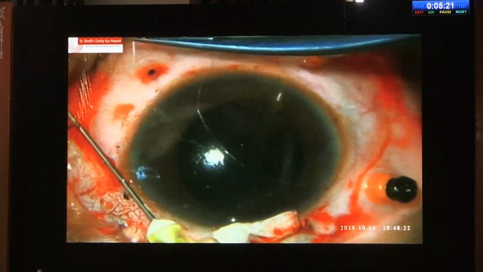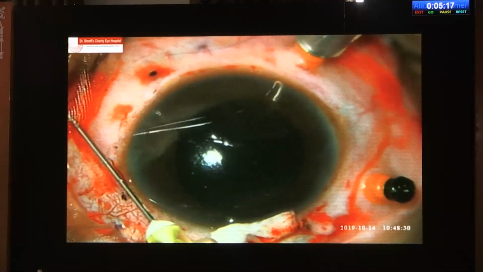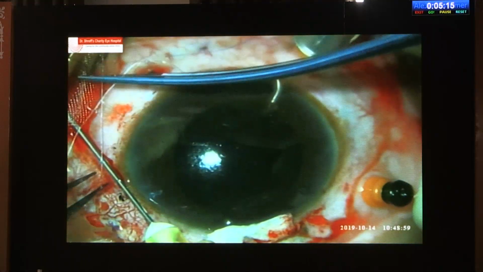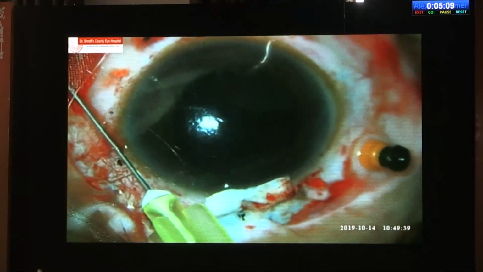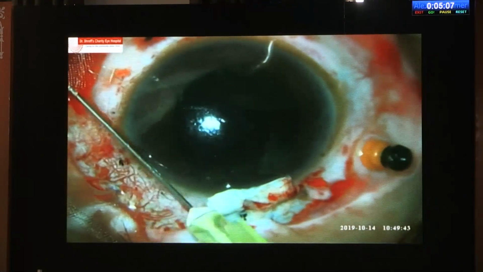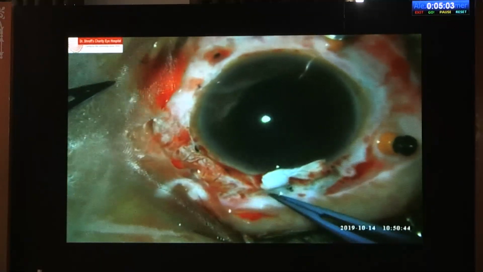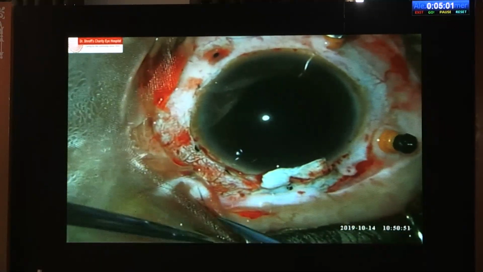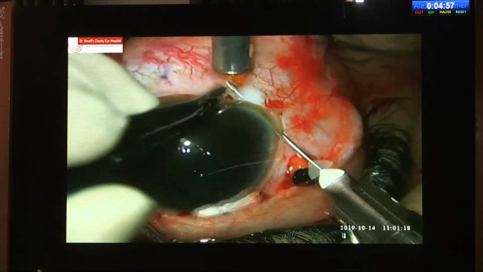And the 10-0 Prolene suture was then passed through all the loops. The 30-gauge needle was removed and the suture was tightened. This was repeated on the other side as well.